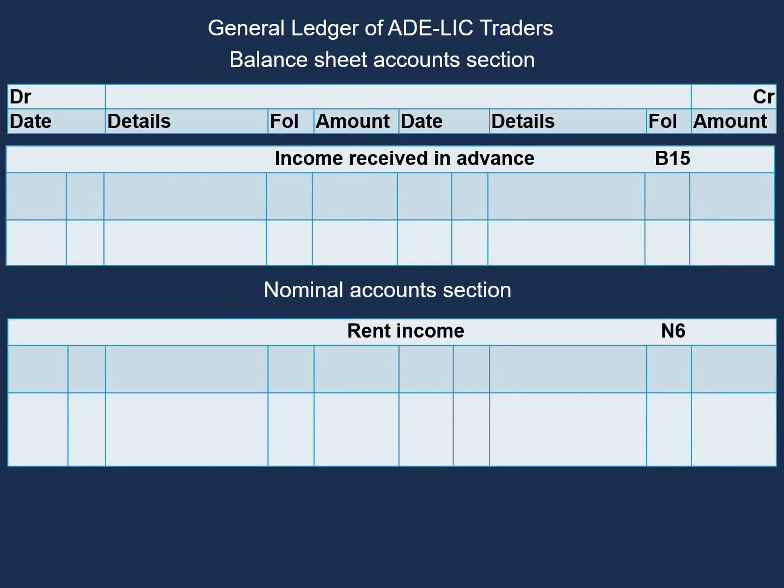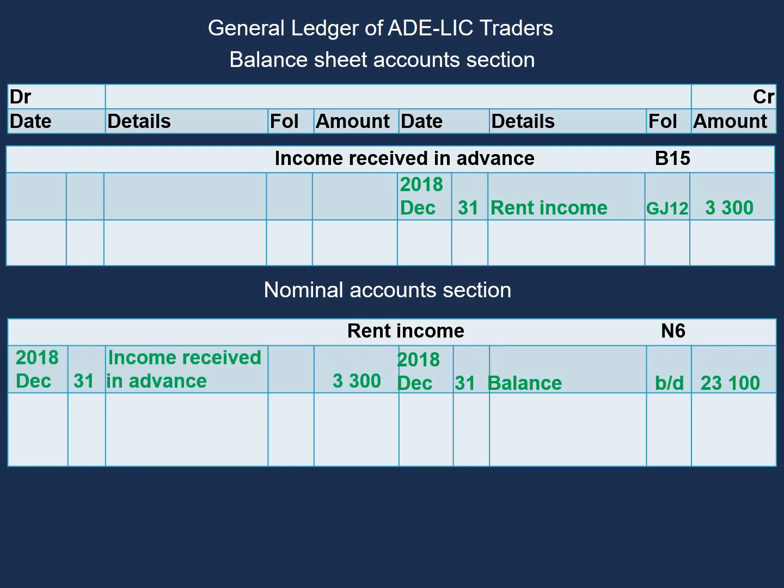Our rent income has an opening balance of 23,100, and this amount comes from our trial balance. In regards to posting our transaction, we will credit income received in advance with $3,300, and the details in the description will be rent income, and then we will debit our rent income with the same amount, and the detail in the description will be income received in advance.